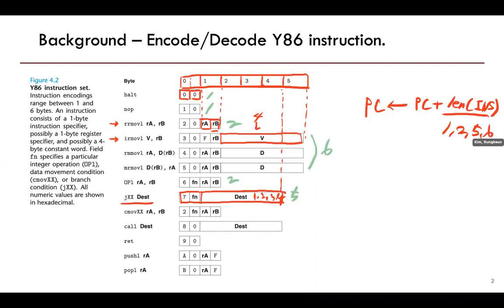For example, if the current PC is 0 and the current instruction is, for example, the IR move L instruction, whose size is 6, then the next instruction will be 0 plus 6, which is 6. Then 6 is the address of the next instruction. So we will implement this part in the fetch unit.